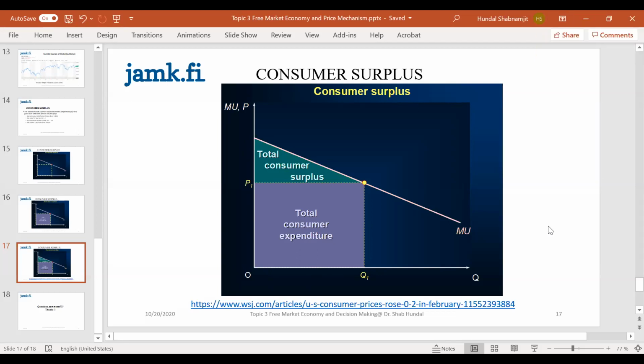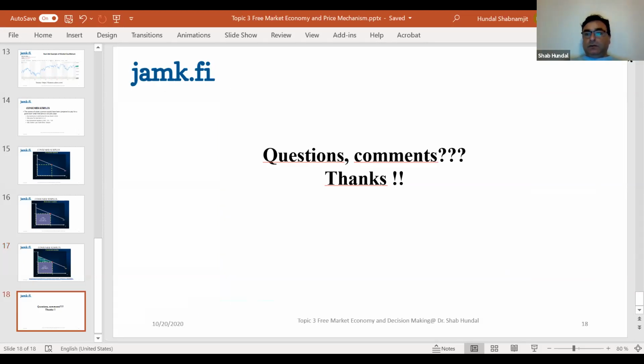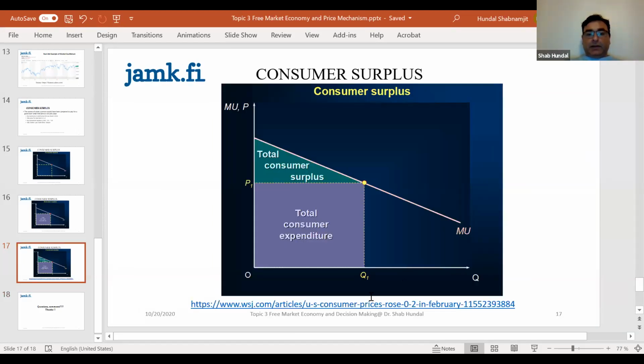Yes. Okay, good. And here, I had one practical example of consumer surplus, which I want to discuss here. I think I have opened this link somewhere.